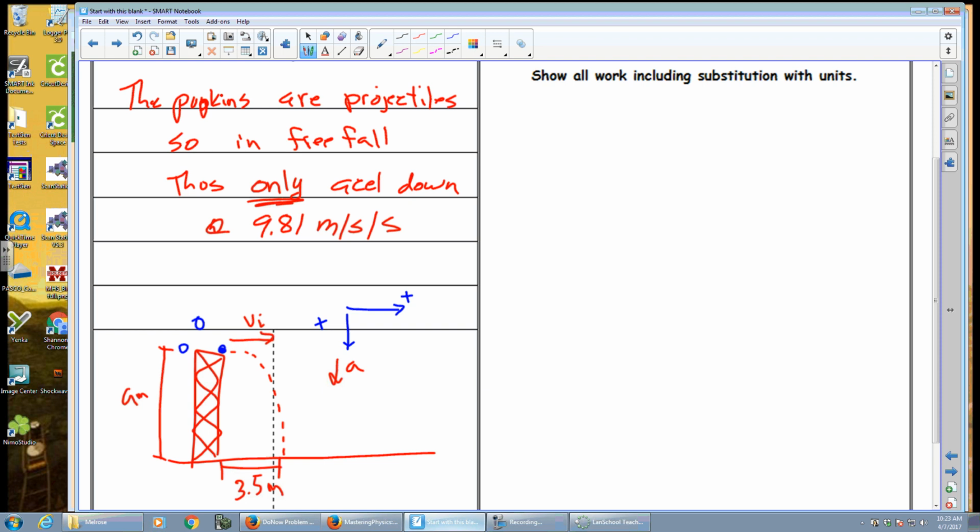So I'm going to start in the y direction. And I'm going to use my good old friend, this equation. And let's see, we said he ended up at 9 meters because he starts at 0 meters. The pumpkin is who he is.